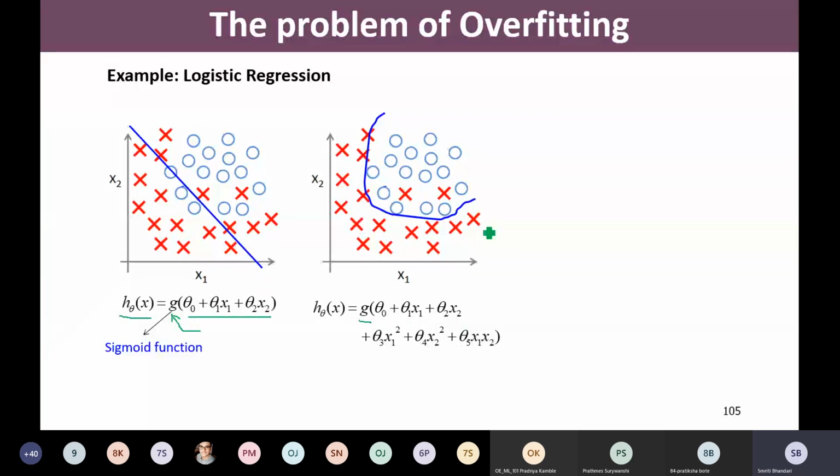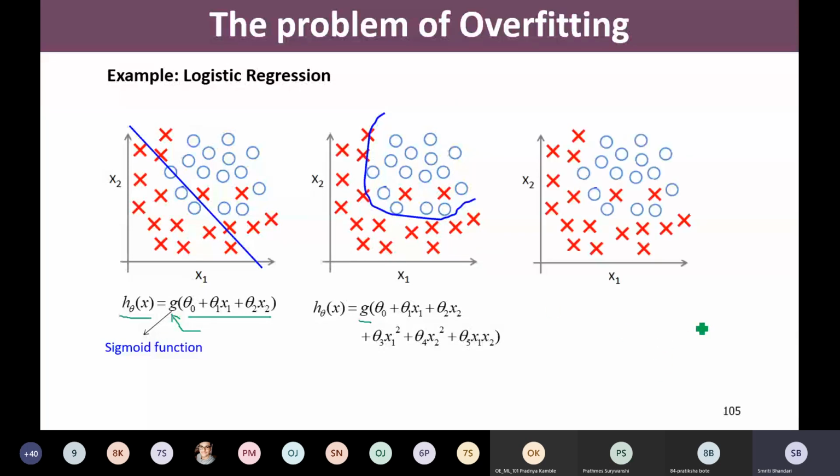We may say that this is a right fit because almost all the samples are being correctly classified here, and if we look at the pattern of the spread of the samples, we may think that this will appropriately work for any unseen data as well, and that is why we may say that this is a right fit.